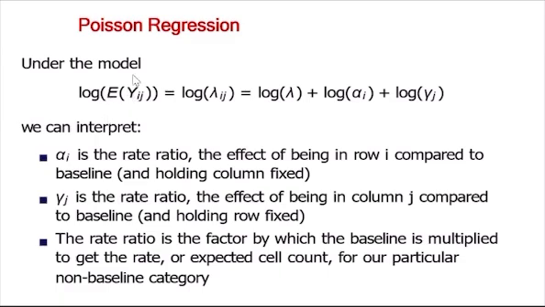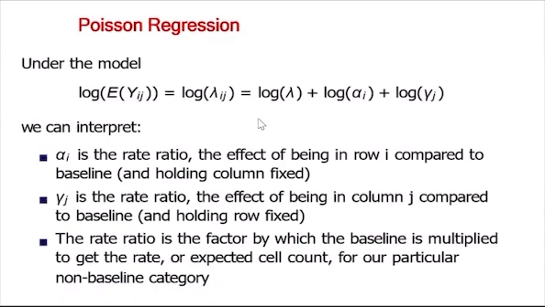So the log of the expected value of y_ij equals the log of lambda_ij. What we want to do is split the lambda_ij into different components, because the components are multiplicative, and that's why you have the additive logarithm.